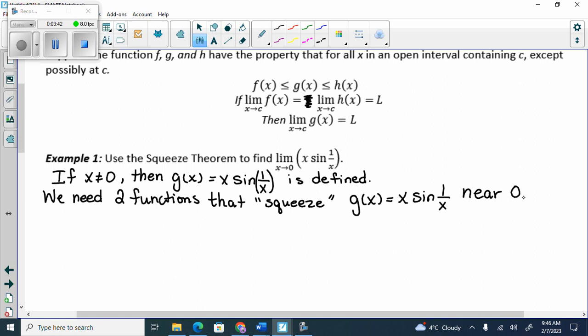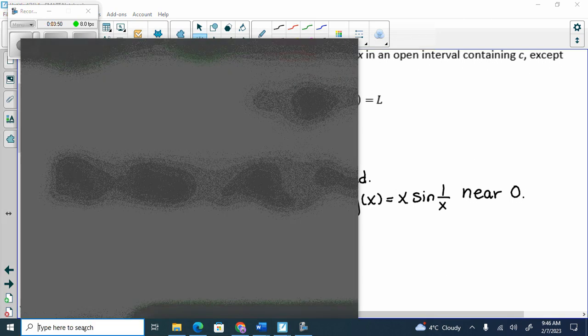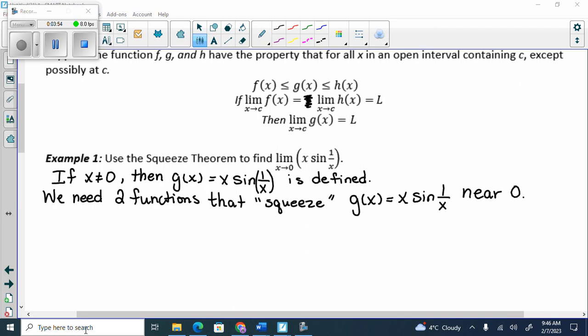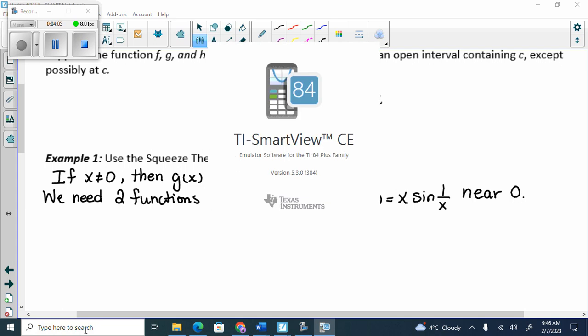So if you want, you can type that into your calculator. Type in x sine 1 over x so you can see what it looks like. What mode do we need to be in for calculus? Radian.